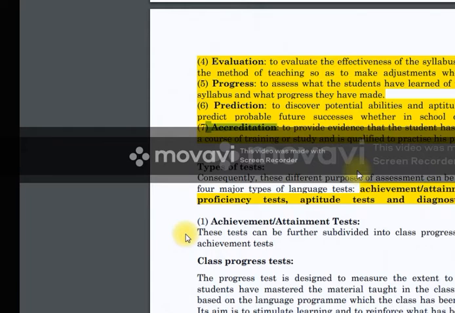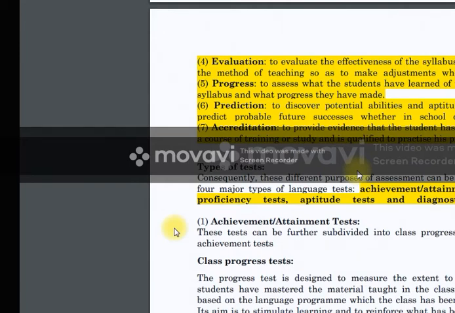What is important here is that these types of tests should be able to assess some of the previously mentioned purposes of assessment.